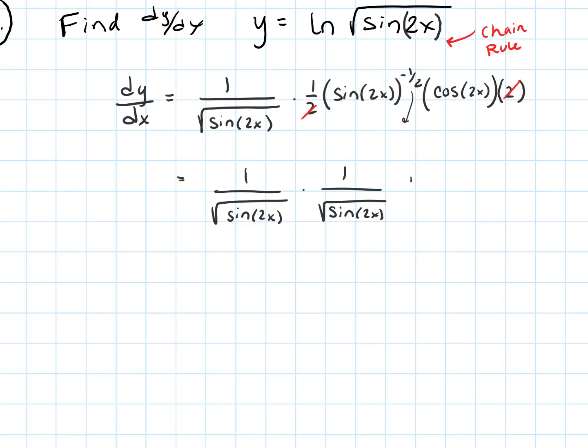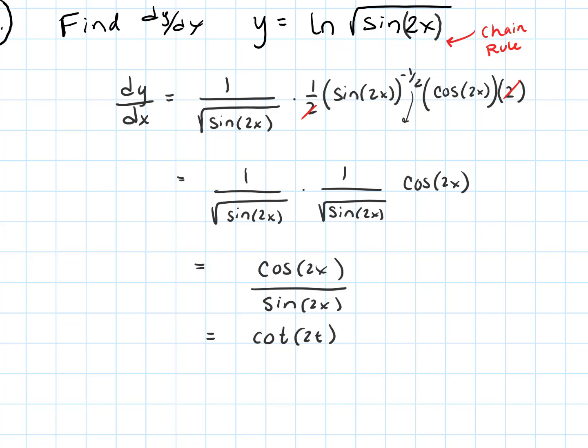And then we have the cosine of 2x. That, of course, is going to become the cosine of 2x over the sine of 2x when we multiply the two square roots together, and our final answer, cotangent of 2x. So our derivative is the cotangent of 2x.